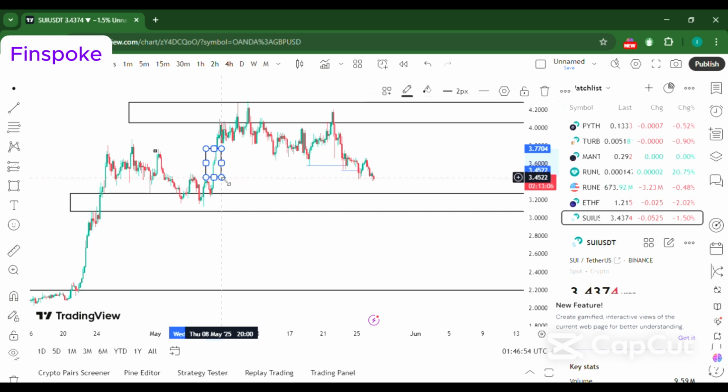Please follow me. Now, this is what we call inefficiency in the market. It's an inefficiency, or you call it fair value gap, or you call it imbalance. Any of these words that you use is correct. It is an imbalance or fair value gap or inefficiency because there are open prices here.